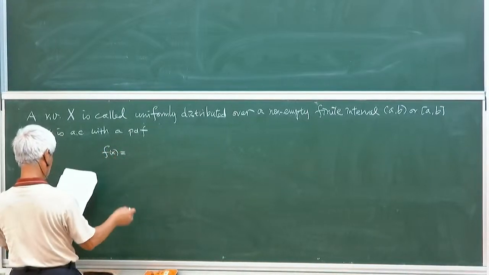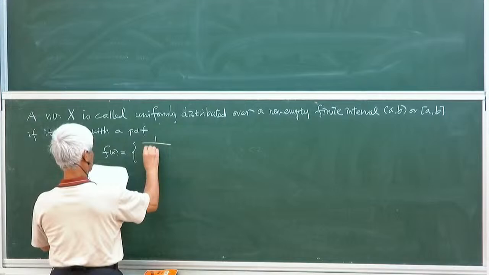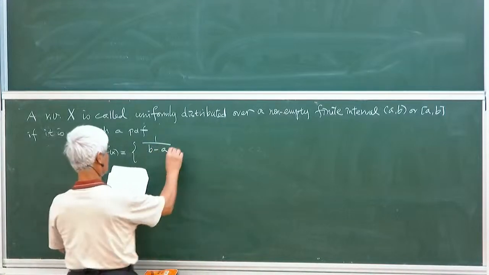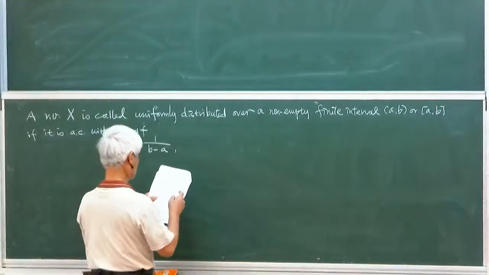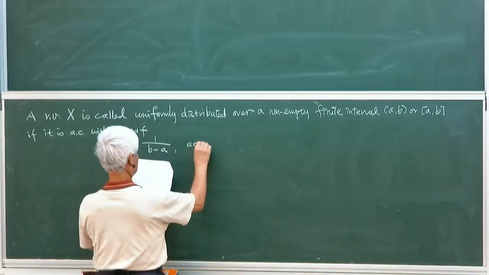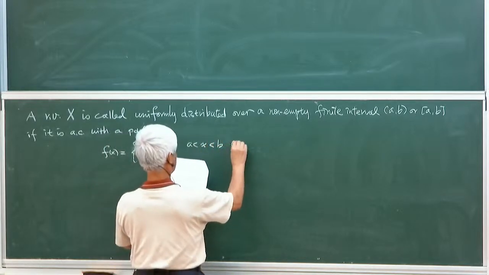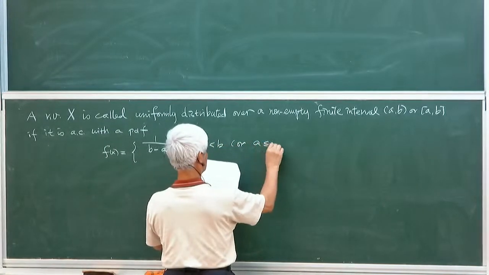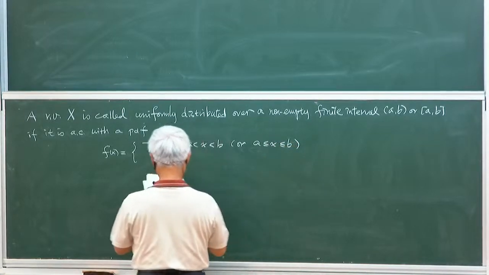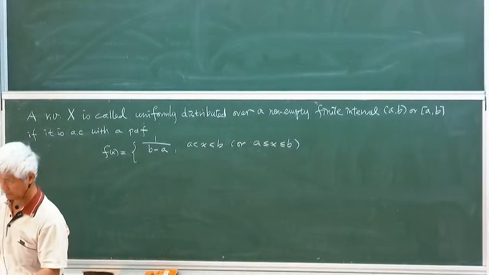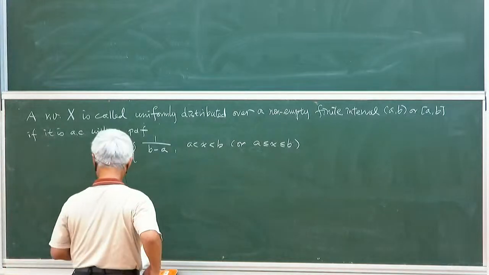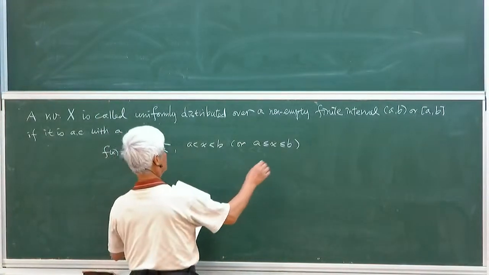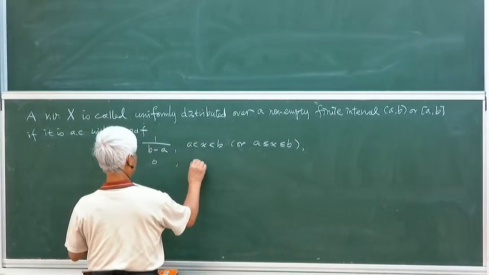This PDF is specified as a constant 1 over b minus a, where b minus a is the length of the interval, for x in [a, b], and 0 otherwise.